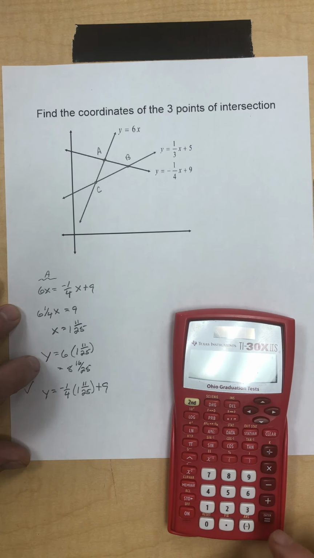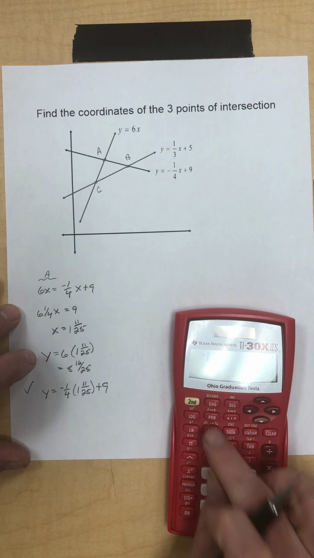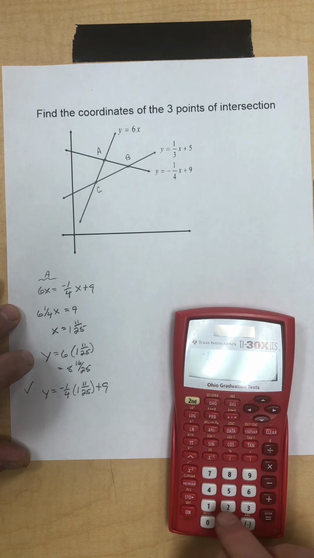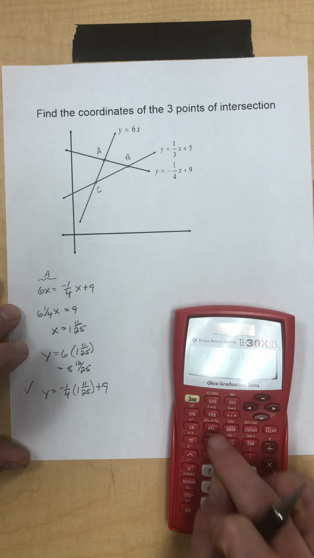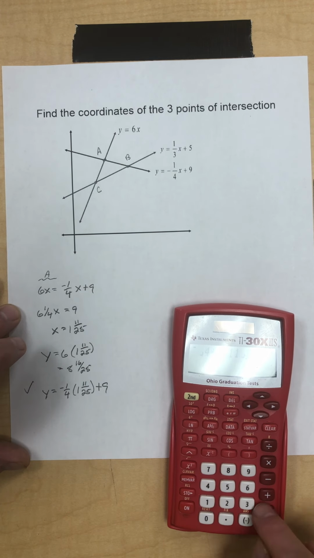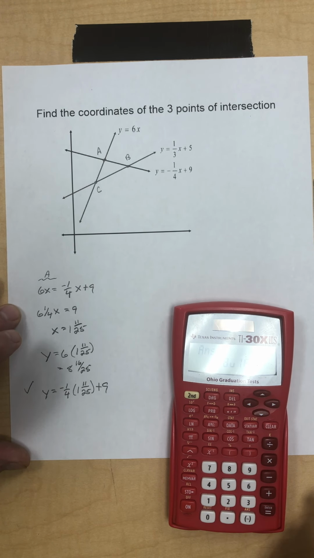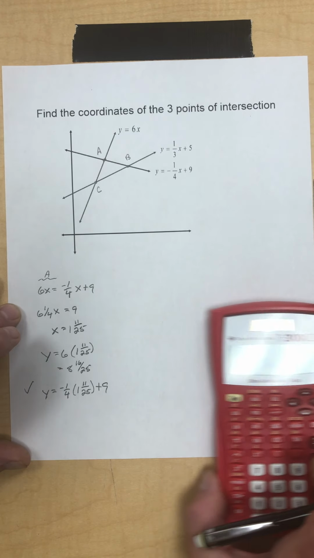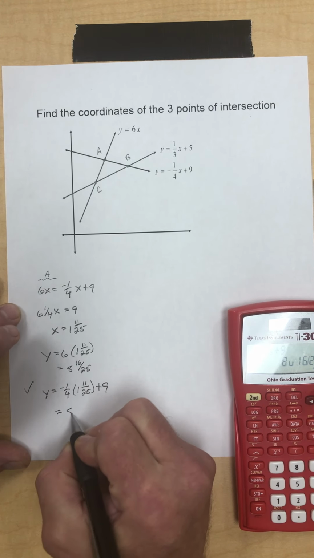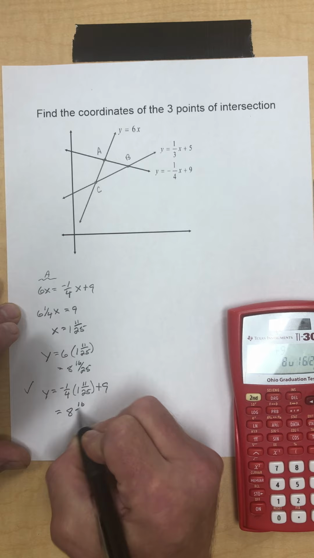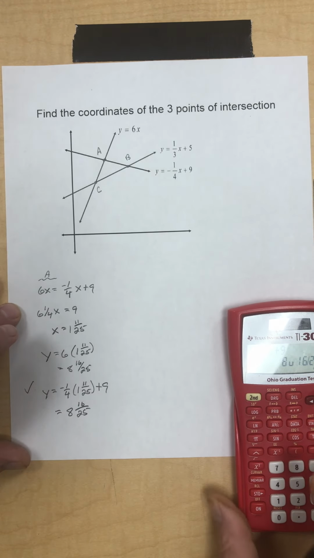So let's check this one out. Negative 1/4 times 1 and 11/25, and then add 9. There you go, 8 and 16/25. We're getting the exact same thing, so we should feel pretty good about that.